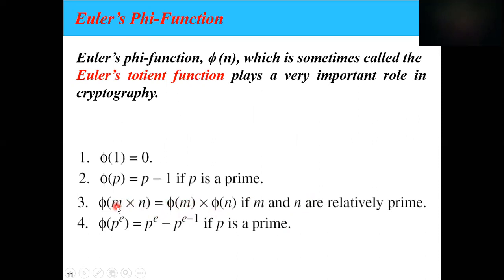Phi of 49 can be written as phi of 7 into 7, but here you can see 7 and 7 are not relatively prime, because the GCD of 7 and 7 is 7. So you cannot say that phi of 7 into 7 can be written as phi of 7 into phi of 7, because 7 and 7 are not relatively prime.